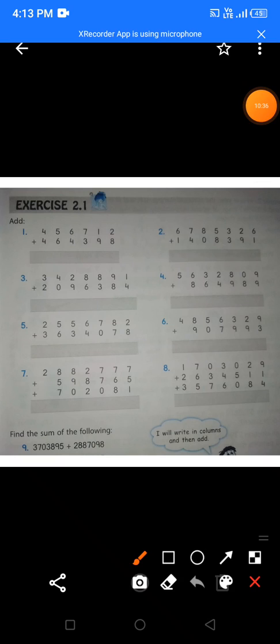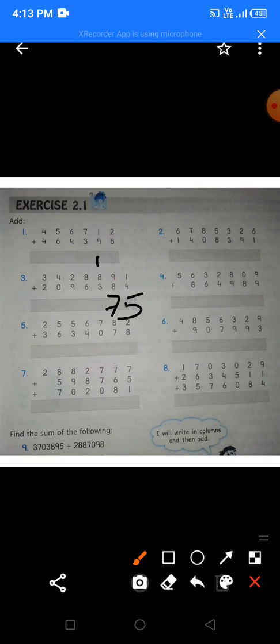Now children, now we will solve the question number 3 of exercise 2.1. Now again you just have to add. 1 plus 4 is 5. You will write here 5. Then 9 plus 8 is 17. Yes, so you will write here 7 and you will carry 1.